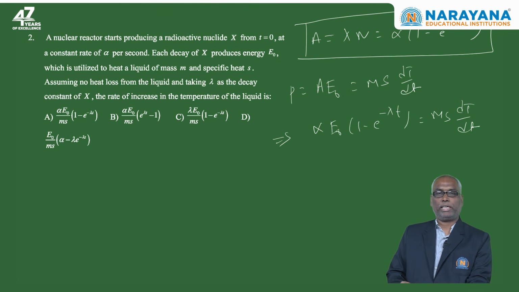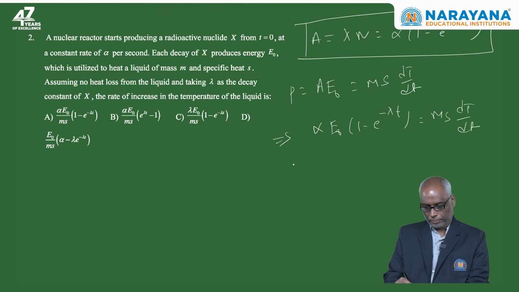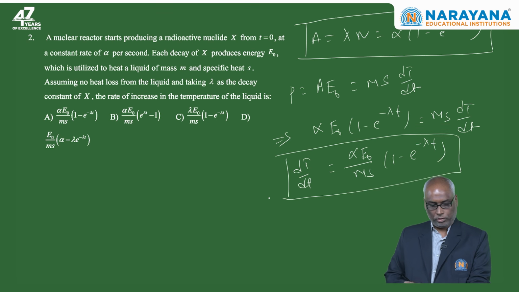In the question they ask for the rate of increase of temperature of the liquid. It is given by dT by dt equals alpha E naught divided by m S, into 1 minus e to the power of minus lambda t. This is the rate at which temperature is changing. So, according to this question, this should be option A.